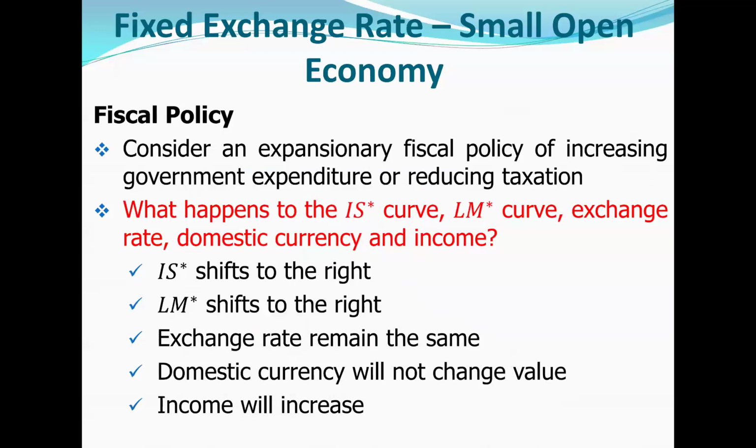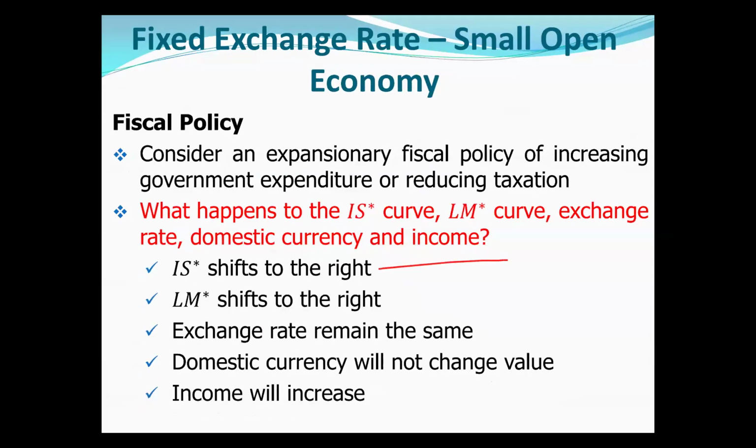When you have expansionary fiscal policy, where you increase expenditure or reduce tax, in the fixed exchange rate regime, this is what happens. The IS will shift to the right. The LM will also shift to the right now. But the exchange rate will remain the same.